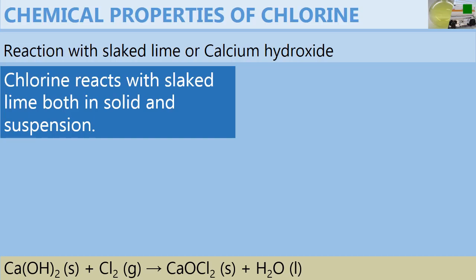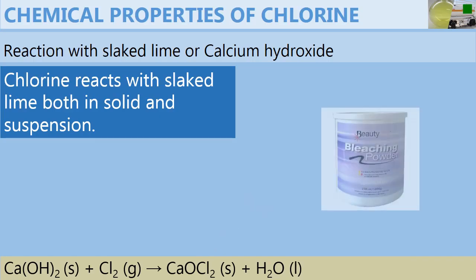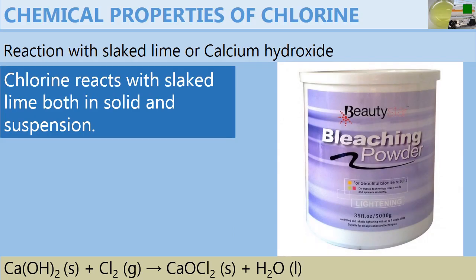Calcium hydroxide reacting with chlorine to form calcium hypochlorite. This one is known as bleaching powder, which can be sold and packaged in different brands.